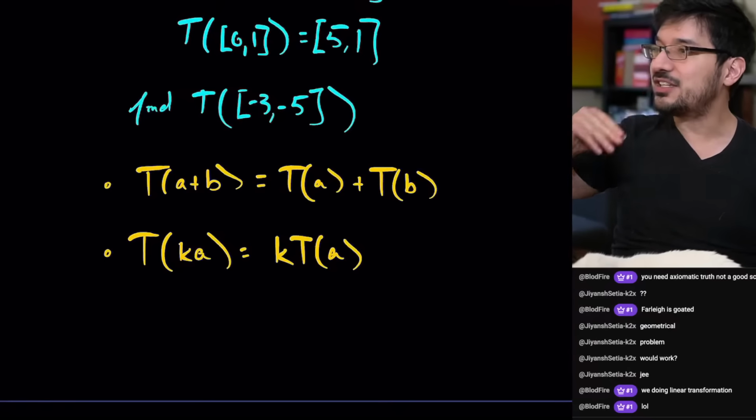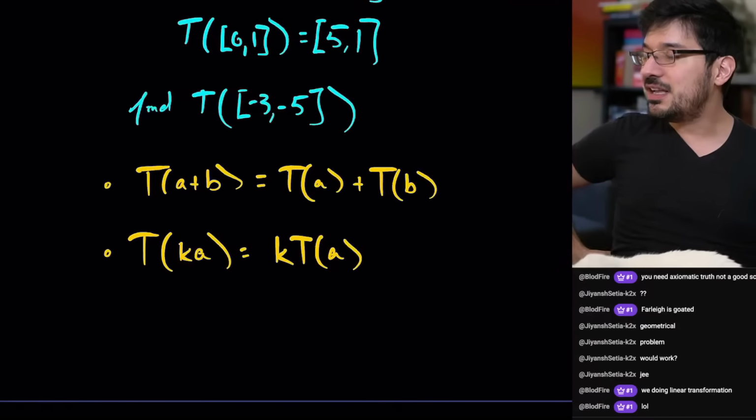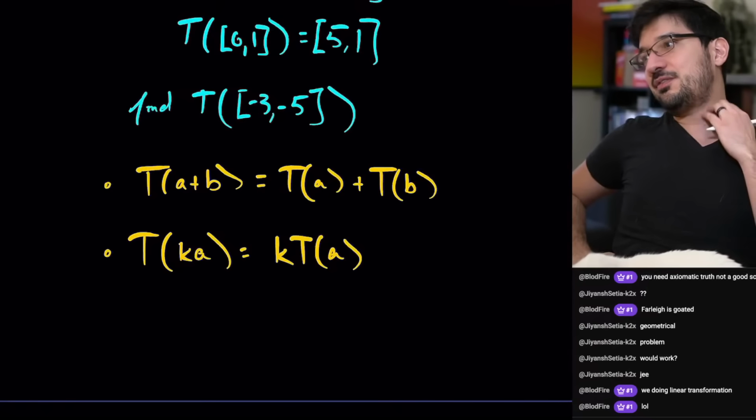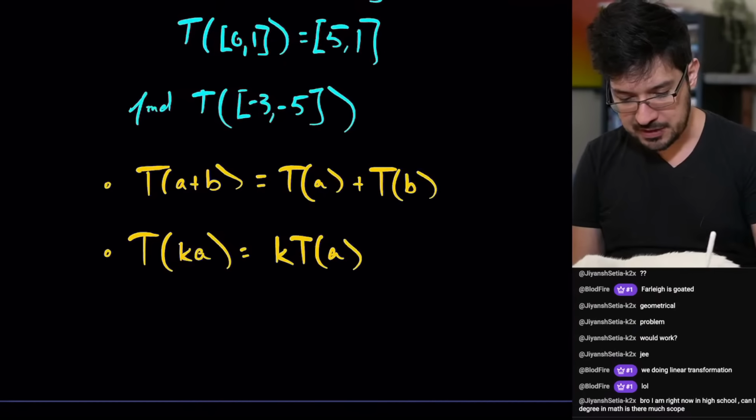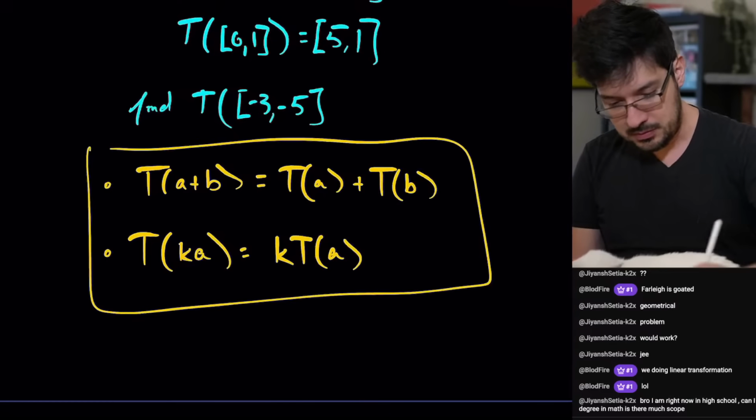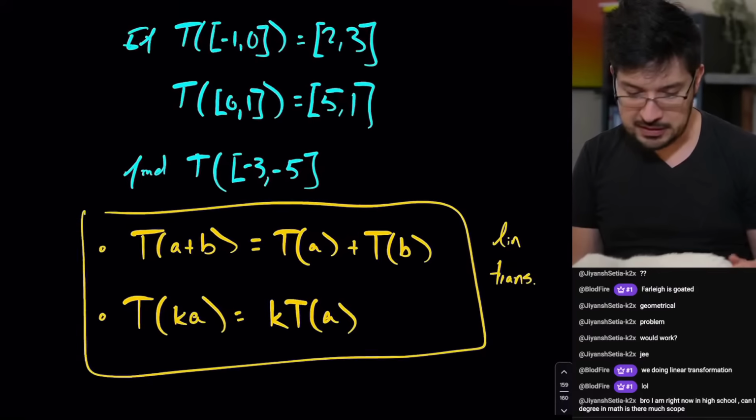You need axiomatic truth, not a good score. Yeah, Fraleigh is good, man. I really like Fraleigh. We're doing linear algebra. We're doing linear transformations. So this is the definition of a linear transformation.